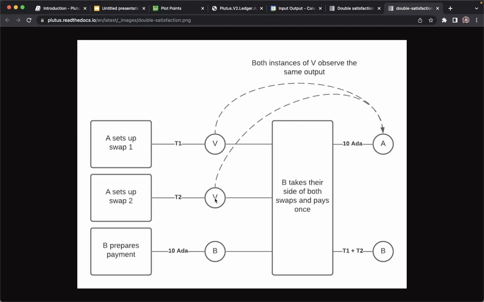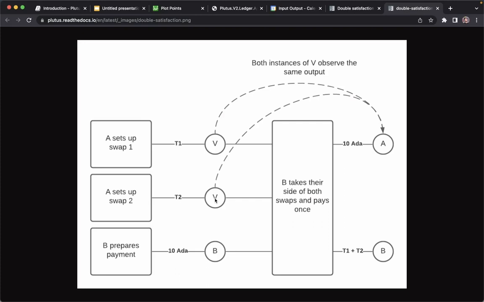If several outputs have the same beneficiary and same price, all those outputs will be satisfied by a single payment of that price.